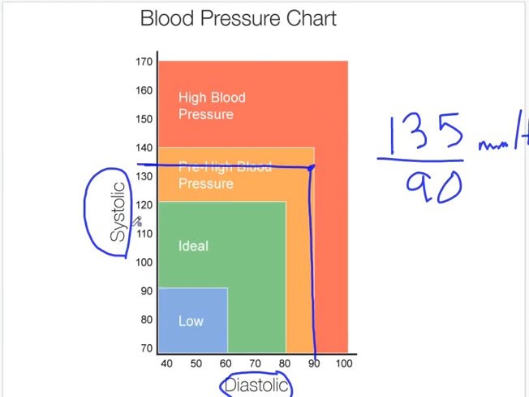Now, there are a bazillion of these charts out there, and every chart can be slightly different, with different levels. There can be pre-high blood pressure, then level 1, level 2, level 3, different severities of blood pressure. I just picked this one because of its simplicity.